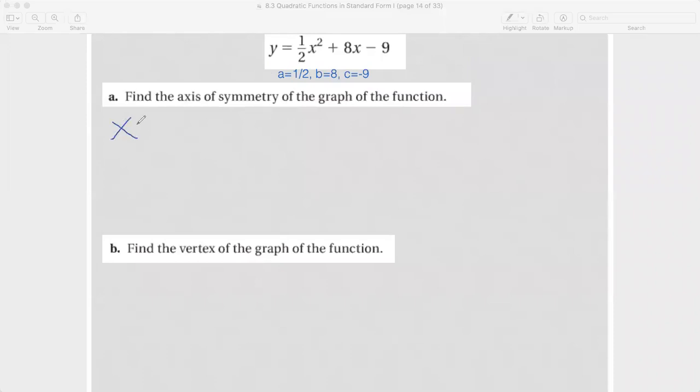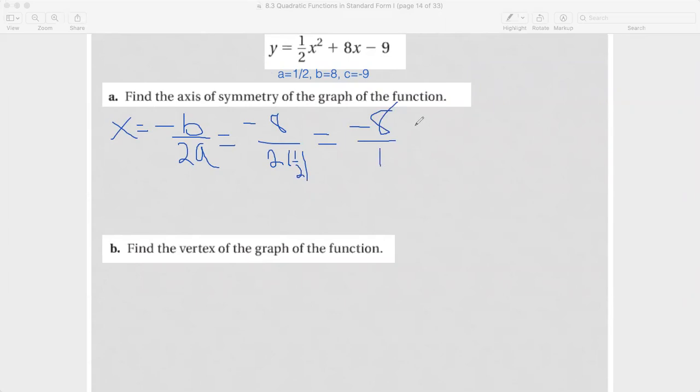So x equals -b over 2a. I always love writing the equation first. So it would be -8 over 2 times a half. If you want to make 1/2 0.5, that's fine. You're going to get the same thing. So then I would have -8 over 2 times a half.